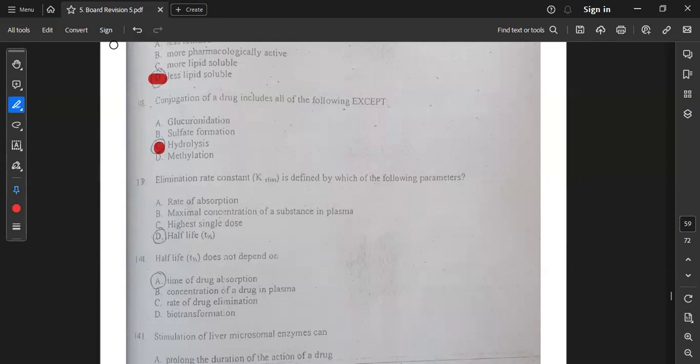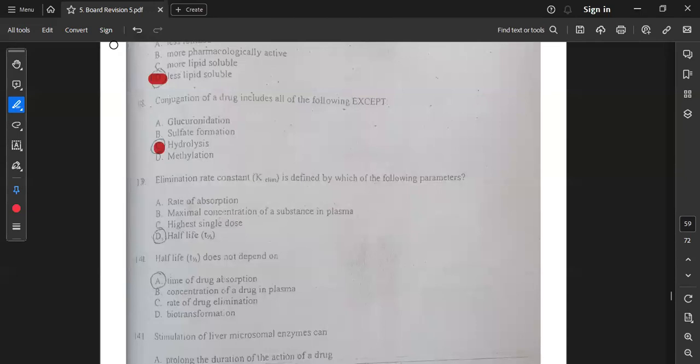Phase 1 gives polar active metabolites, and then phase 2 makes them inactive for excretion.